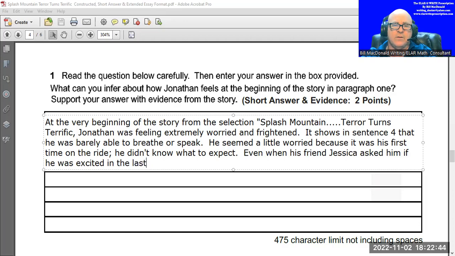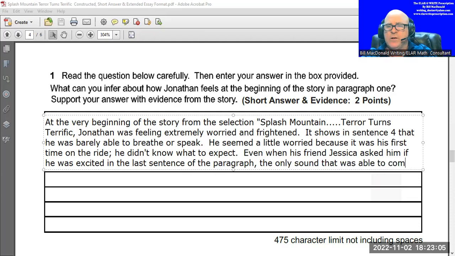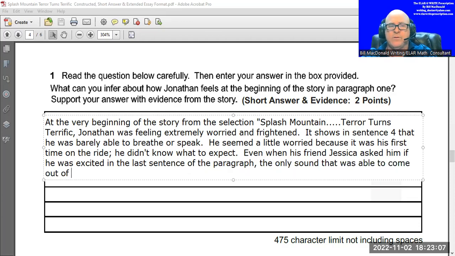the last sentence of paragraph, where an explanation, the only sound that was able to come out of his mouth was a sigh.